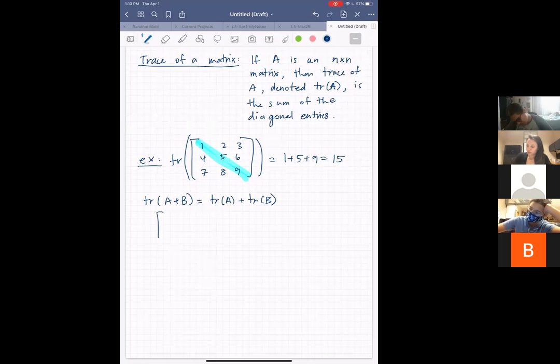So we can look at just some 2 by 2 matrices, and we can see this going on. So we'll use B11, B12, B21, B22. When we add these together, we of course get A11 plus B11, A12 plus B12, A21 plus B21.